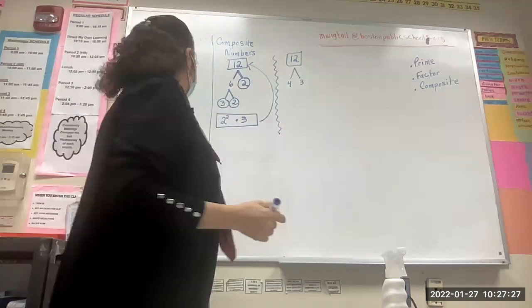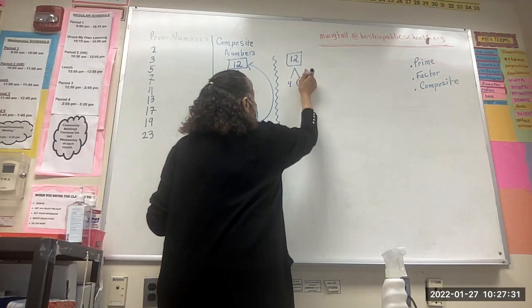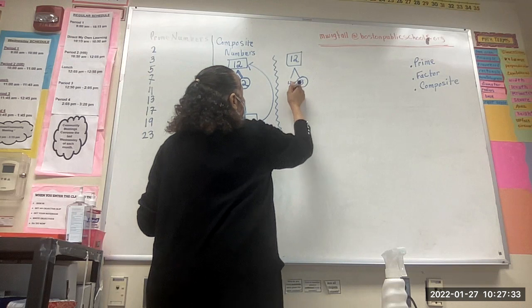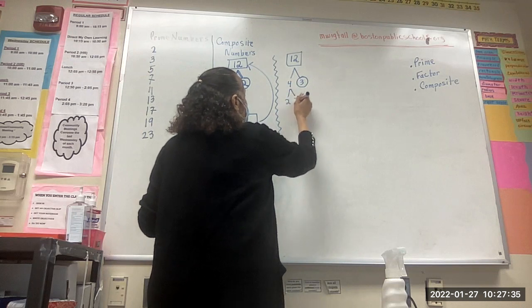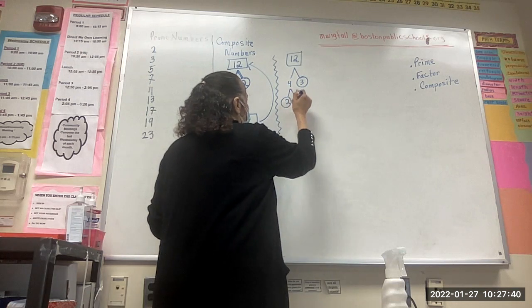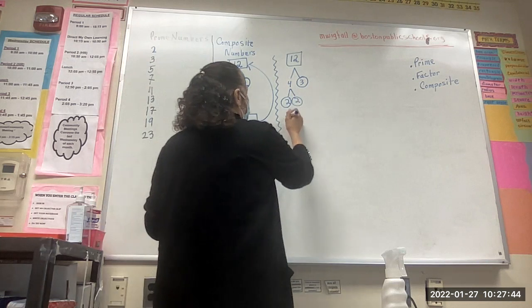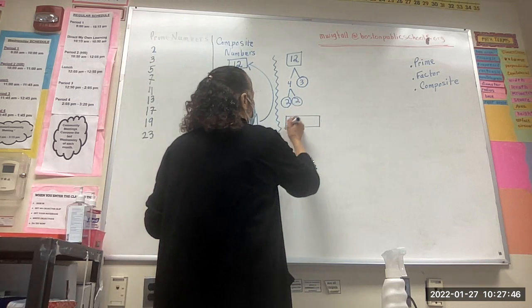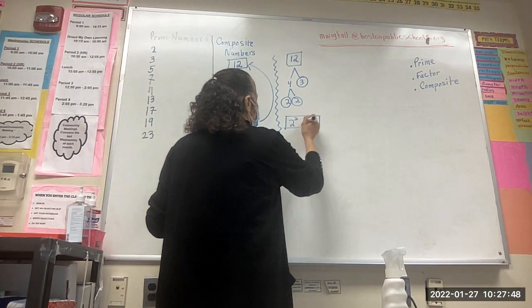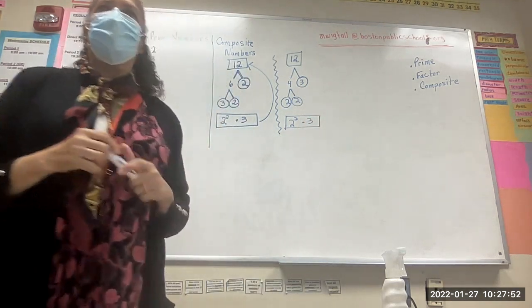Since 3 is prime, we'll circle it because we can't do anything else with it. And 4 is composed of 2 times 2. So now we factor the 2s. If we were told to write it using exponents, we would write 2 squared times 3, which is exactly the same answer as when we did it the other way.